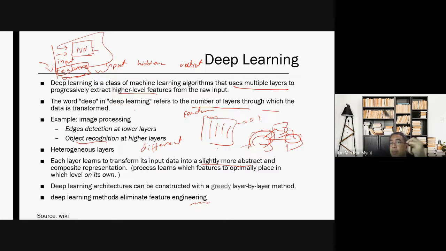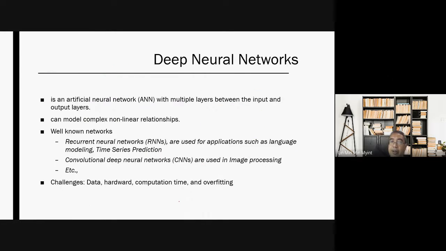You don't need to extract the features or the important information. You just feed in the raw data, and the deep learning method will extract it itself and use that information for the next layer. So it doesn't need any feature engineering anymore.